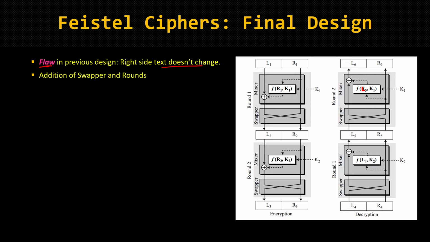Feistel wanted to change that, and in order to do so, Feistel introduced the addition of a swapper and rounds. The same thing that was done before is implemented, just the swapper was introduced so that R1 and L1 could change their positions.